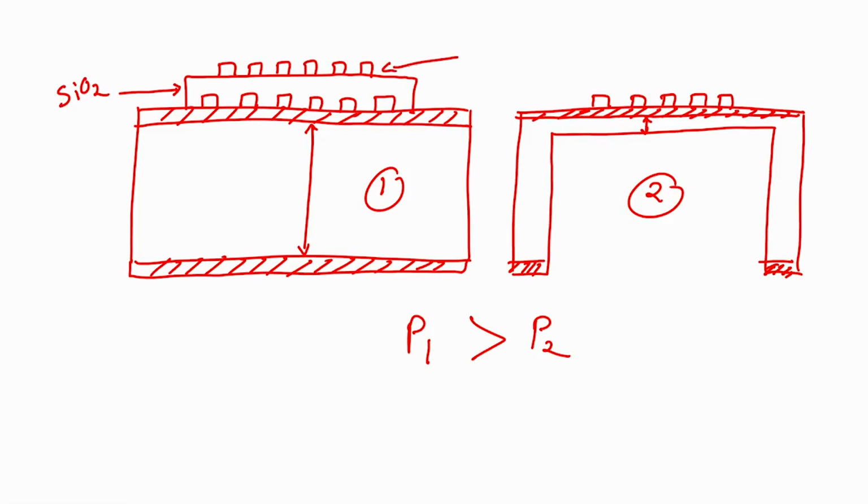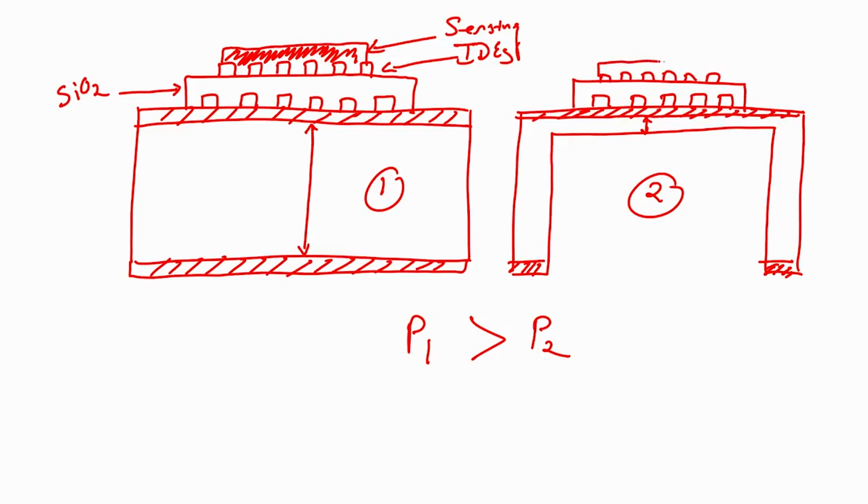On these interdigitated electrodes, I want to have my sensing material. This is my sensor, but instead of using this, I will use this substrate, I will use an insulator, I will have my interdigitated electrodes, and I will have my sensing material.